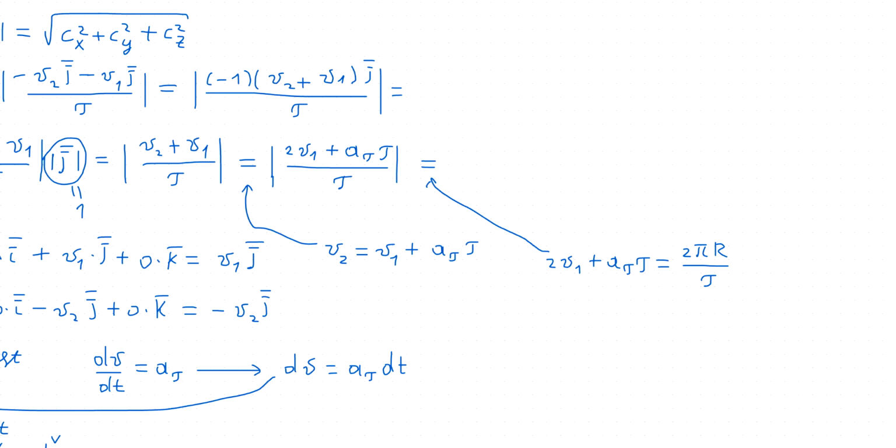So we'll get 2 pi r divided by tau to the power of 2. This is the answer for the last part of exercise number 2.